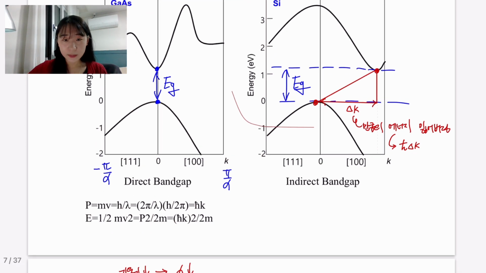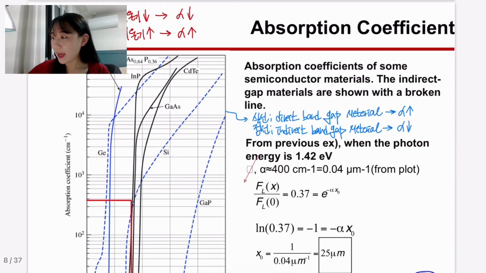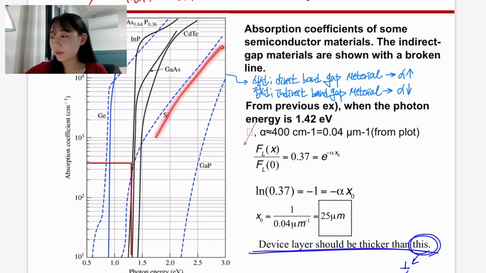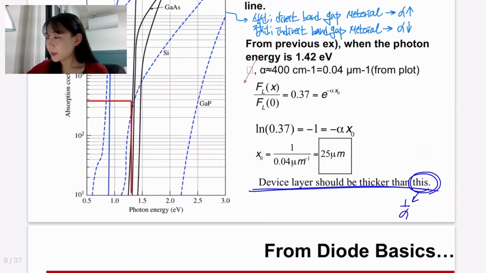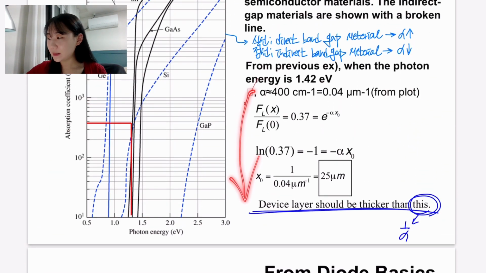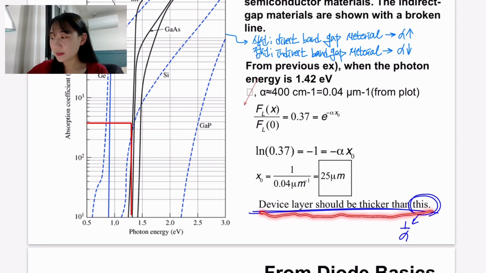Oppositely, the indirect bandgap material has energy loss, so it has relatively smaller alpha than the direct bandgap material. And according to this process, the device layer should be thicker than 1 over alpha.